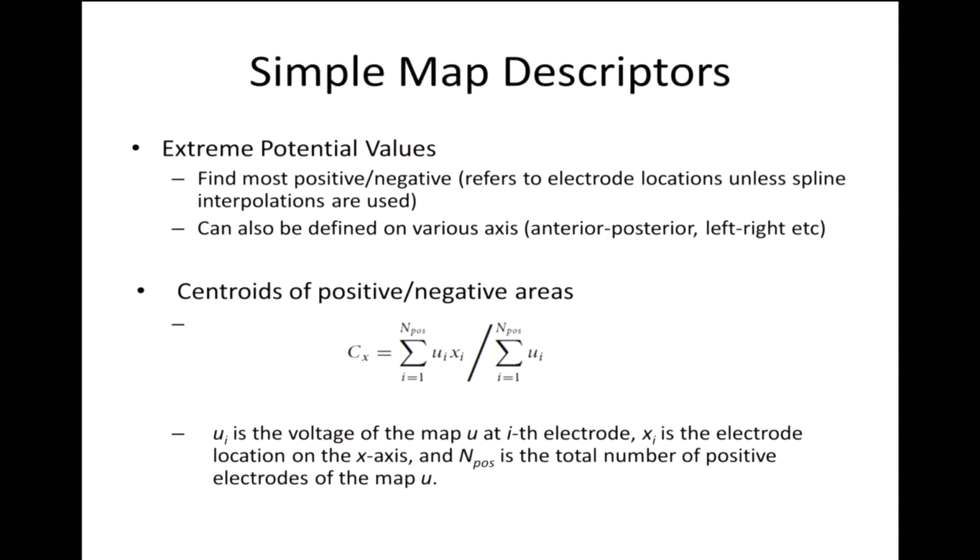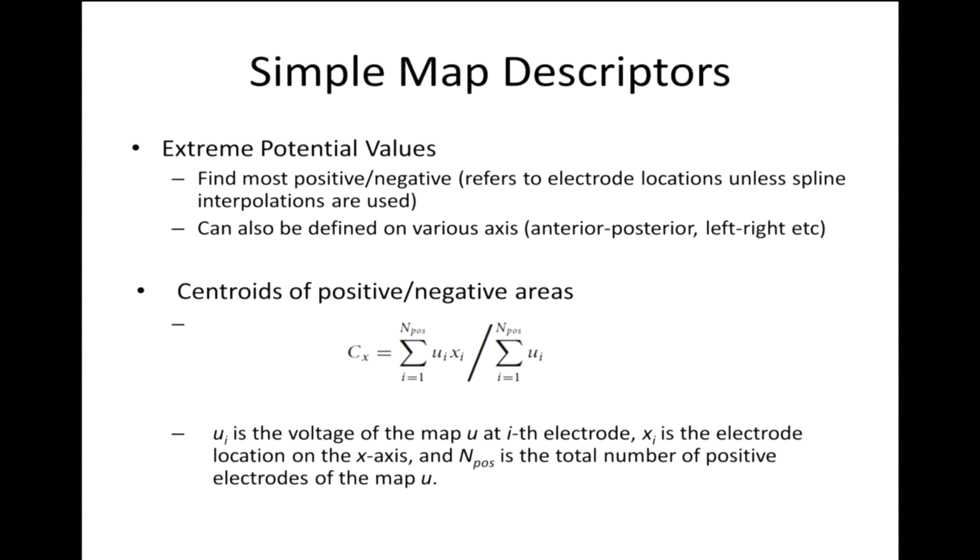Quite a few descriptors are available. I just highlighted a few which have been used, but you can apply many others; indices taken from image processing can also be used here. Some simple map descriptors you can look at in your map: find the most positive and the most negative values, very simple.